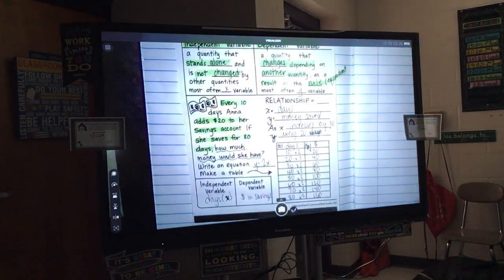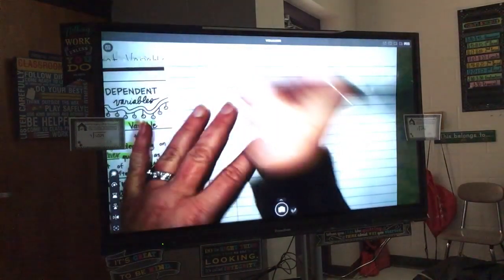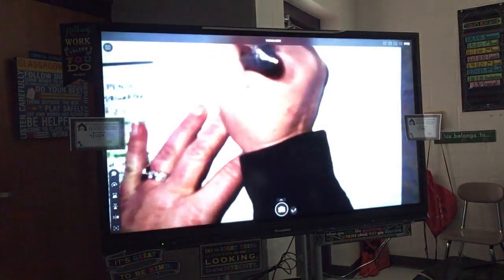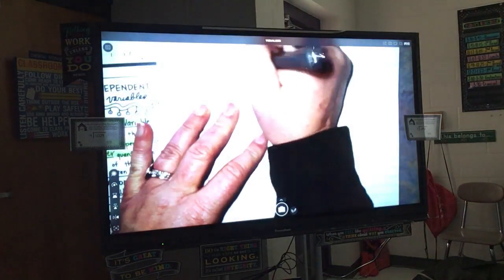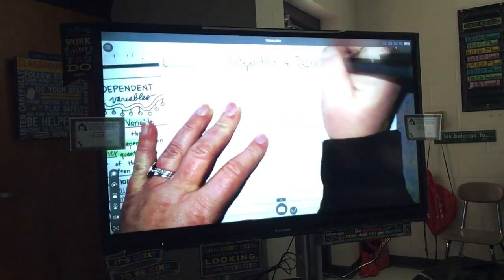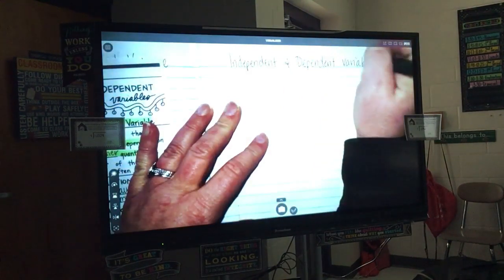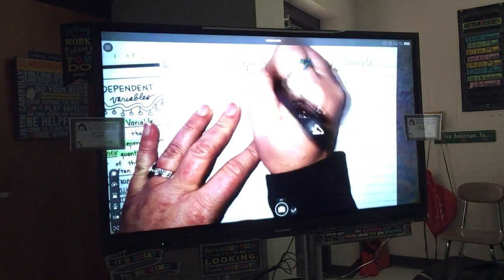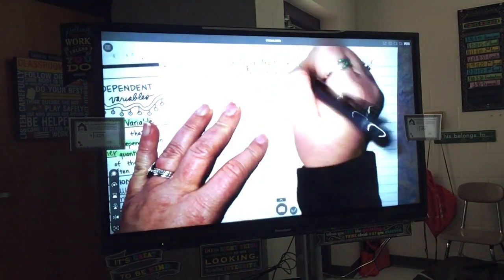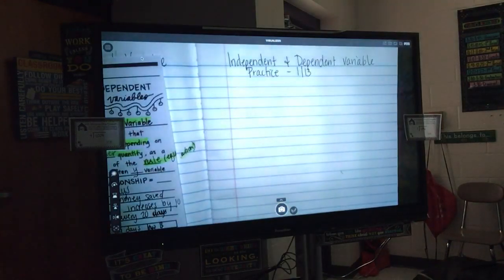All right, slide over to the right side of your notebook. All right, independent, dependent variable practice and today's date.